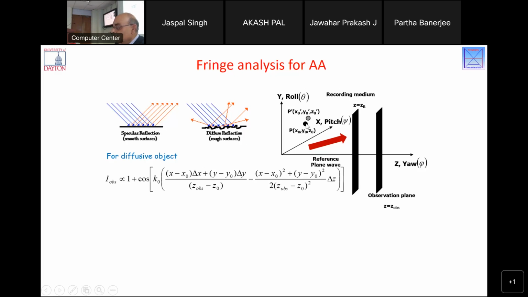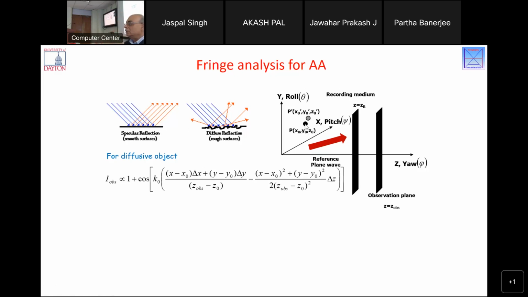Let's assume that this point P has moved to another point, call that x0 prime, y0 prime, z0 prime. Then, if you have a reference wave going at a certain angle, you can find out the interference pattern between this reference wave and this point source.